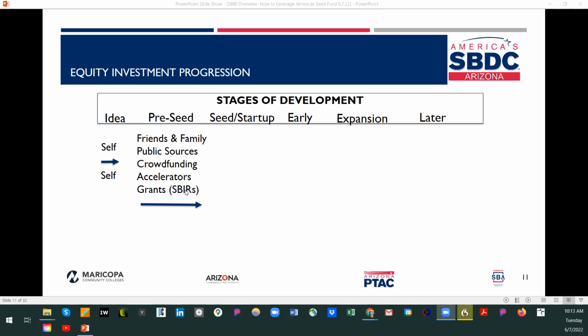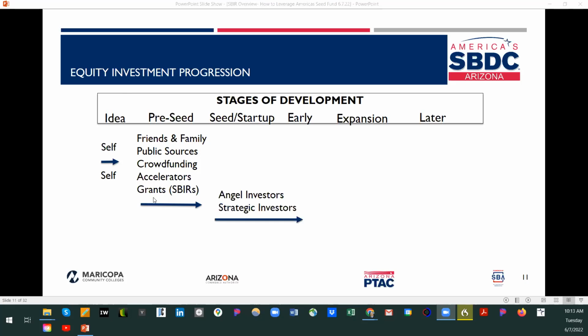A couple of these maybe aren't on the equity side. They're non-debt, because with the SBIR, and Bob will talk about this, it's non-dilutive. There's no equity taken by the government, which is really a great benefit of this program.